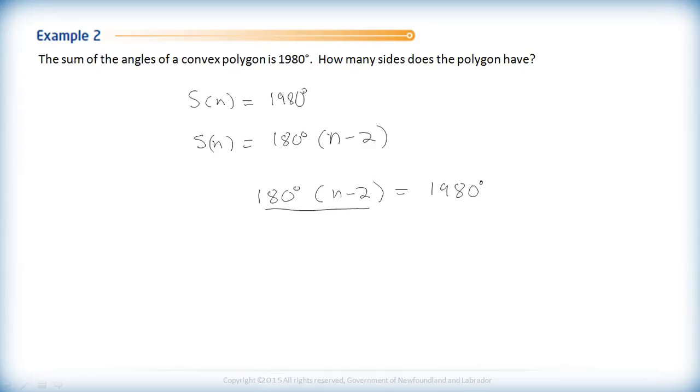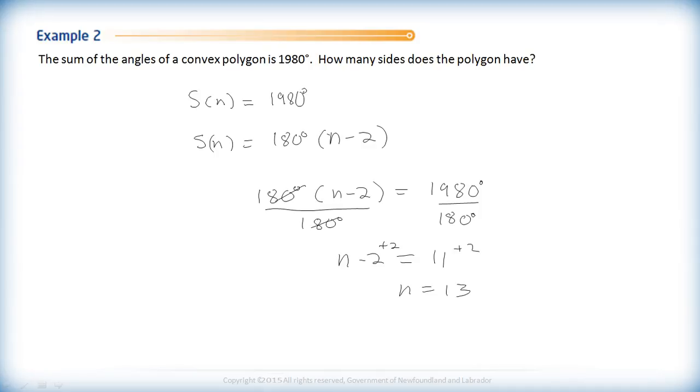Then we're going to need to divide both sides by 180 degrees, and that should put us in business. So if we divide by 180 degrees, we get n minus 2 on the left side, which should be equal to 11. Now, if I add 2 to both sides, then n equals 13.